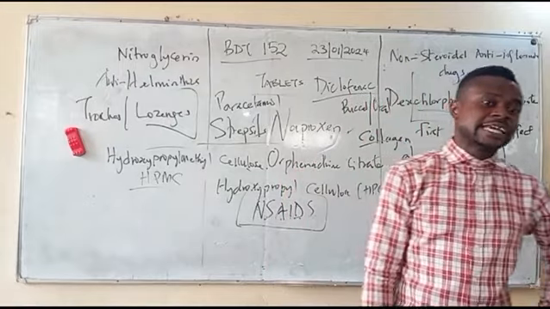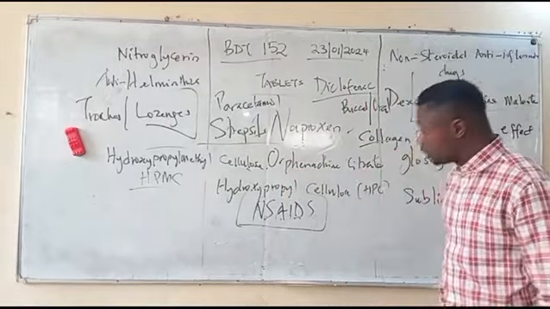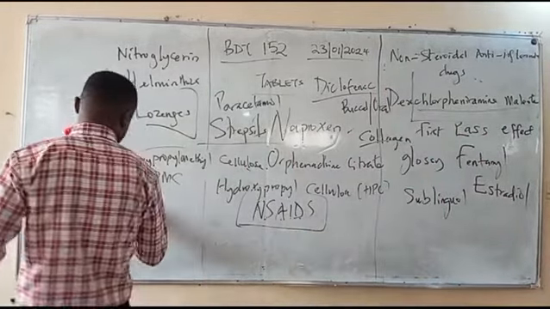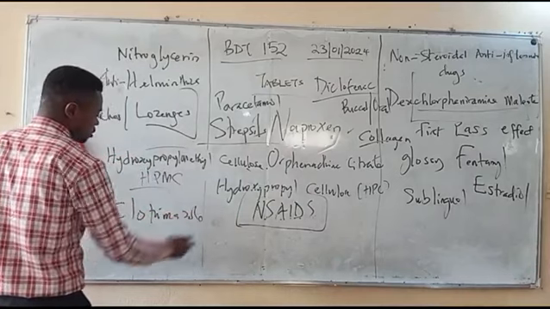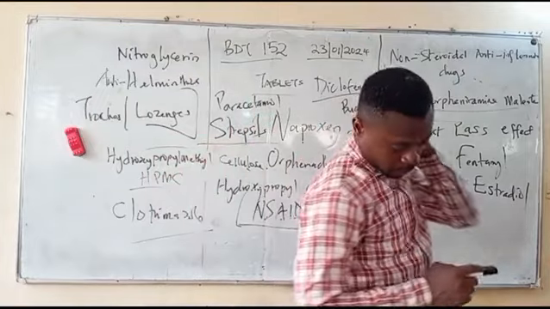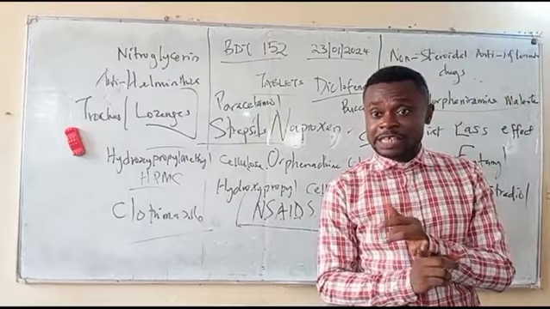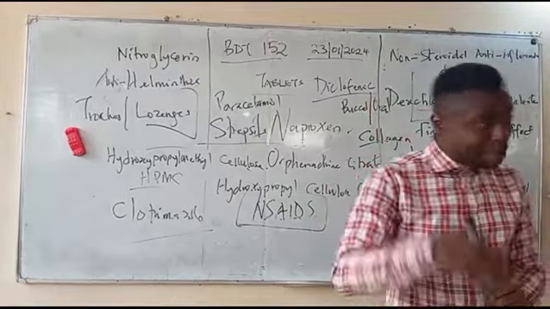Yes, it's a brand name. It's clotrimazole. It's antifungal. Clotrimazole is antifungal. We also have it as a vaginal tablet, even as a cream. So there are many of them.